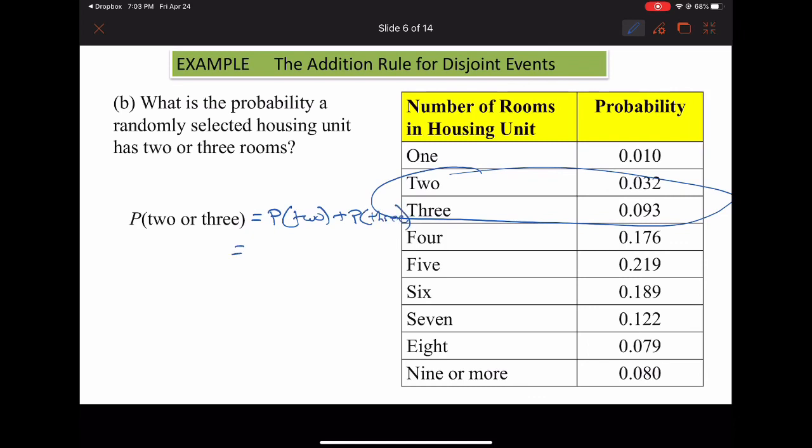So I get 0.032 plus 0.093. I'm going to add those numbers together, and I get 0.125. So the probability of a randomly selected housing unit having 2 or 3 rooms is 0.125, or 12.5%.